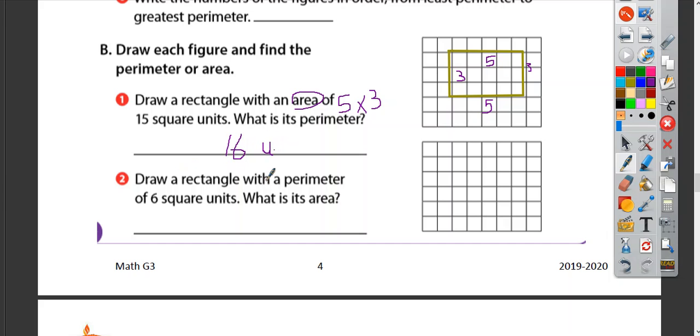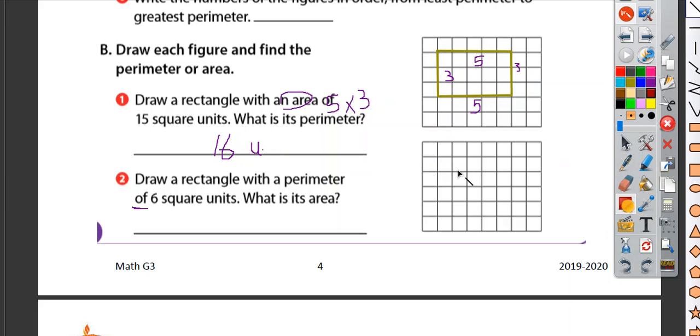Okay, draw a rectangle with a perimeter of 6 units. Let's draw it together so we count together. 1, 2, 3, 4, 5, 6. This rectangle has a perimeter of 6 units.